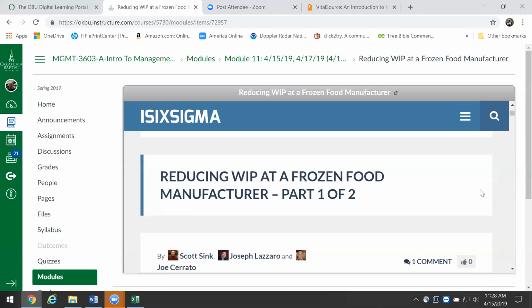So here is an excellent article that talks about how this frozen food manufacturer, there's two parts to it, reduced their work in process. And by doing that, saved themselves a ton of money and helped themselves in terms of having their manufacturing processes aligned with what the market wanted.